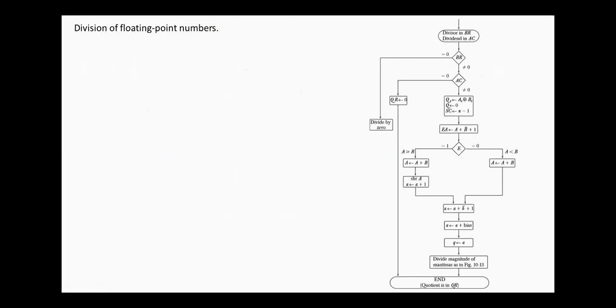In division, first the two operands are checked for zeros. If BR is 0, then we have an error, divide by 0, and an error message should be displayed in this case. If BR is not 0 and the accumulator is 0, then the quotient is 0 and we are done.